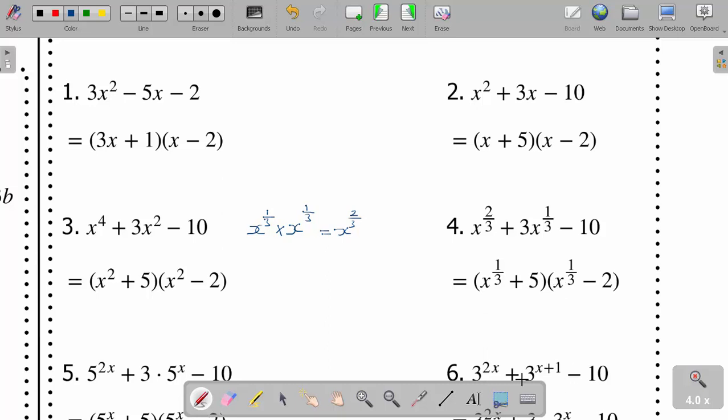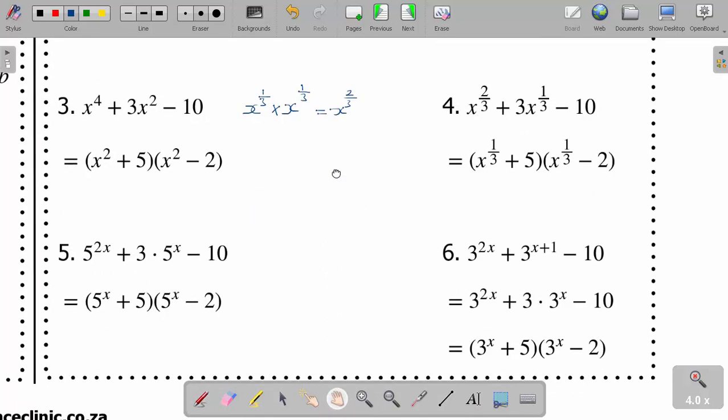Okay. Another example, which is example number 5, we have 5^(2x) + 3·5^x - 10. Now in this case, this 5^(2x) came from multiplying 5^x times 5^x, and then you see I'm going to have again plus 5 then minus 2 here.